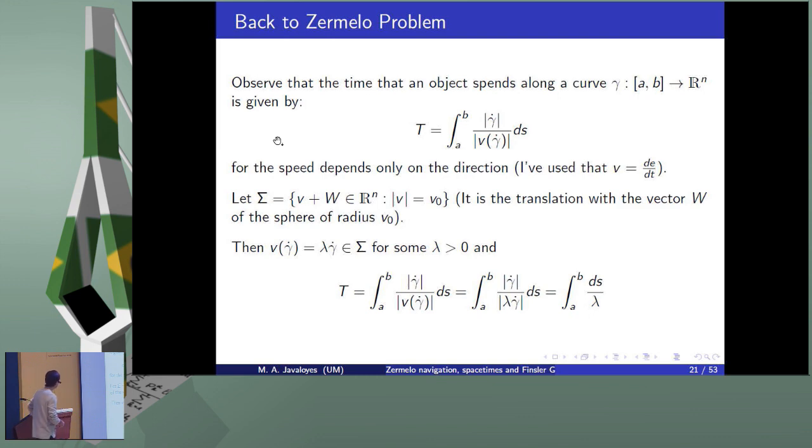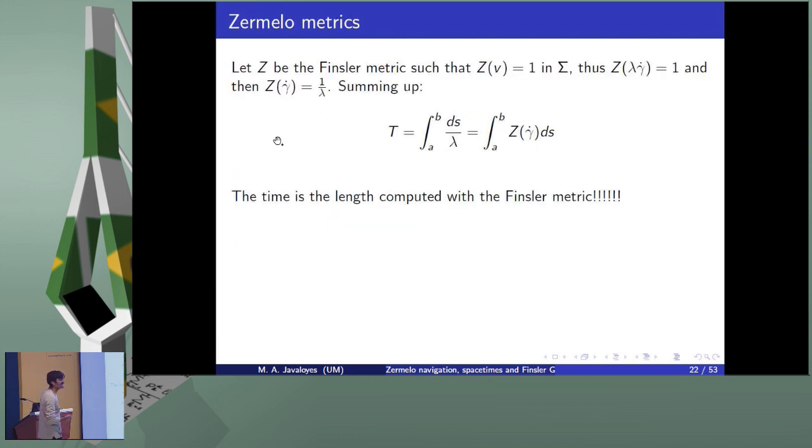Now, the velocity has to be in sigma. In particular, the velocity is in the direction of gamma dot, the velocity of the curve, so it has to be proportional to gamma dot for some positive lambda. Then, substituting into this equation, we finally obtain that t is equal to the integral of 1 over lambda. This lambda depends on the parameter of the curve, of course. But what is lambda?